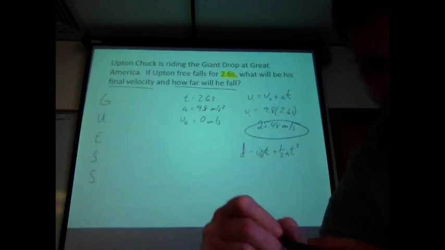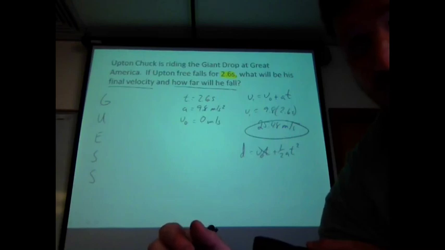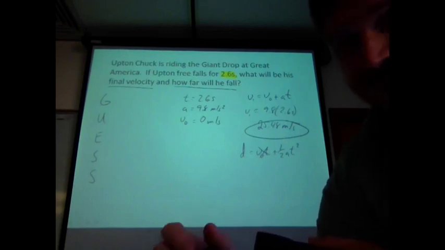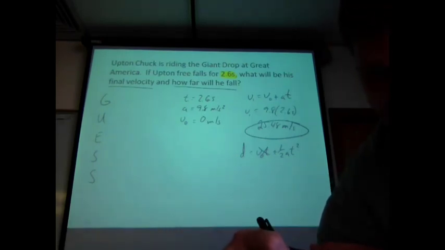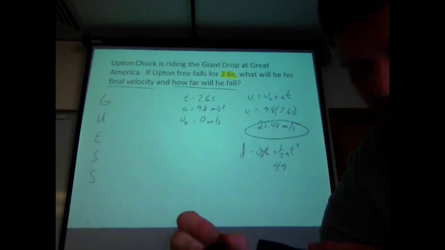Okay, so if I look at this and make sense of it, my initial velocity is 0, so that zeroes this part out. And I'm left with 1/2 at squared. Okay, 1/2 at squared is your free fall equation. You're going to see it a lot. So let's go ahead and plug that stuff in there. So 1/2 a, in this case, is 4.9. A lot of times, if we're doing that 10 number, that just turns it to 5. It's real easy.